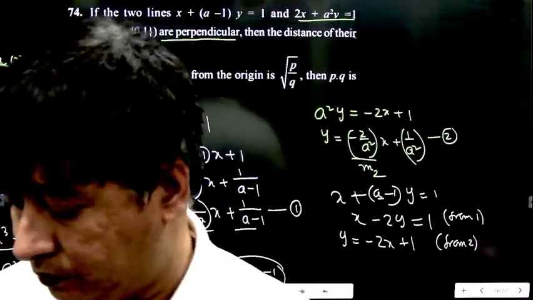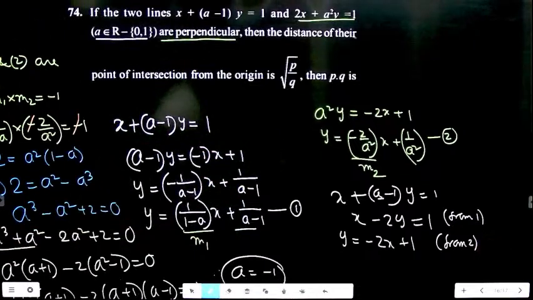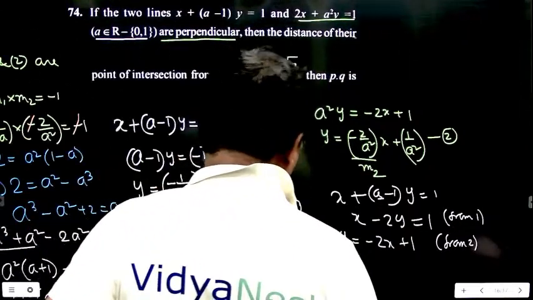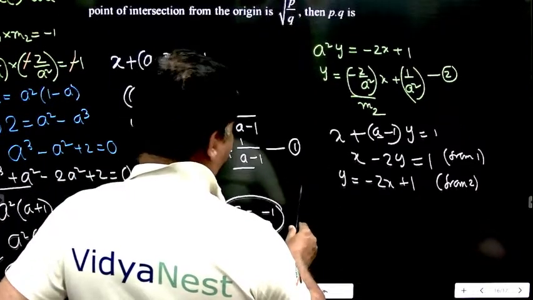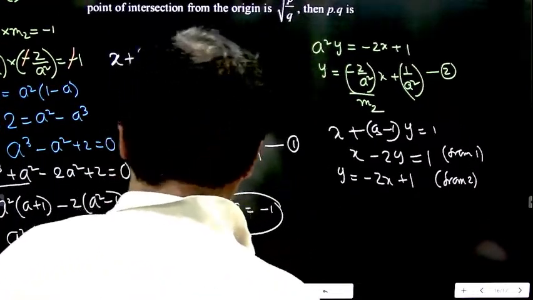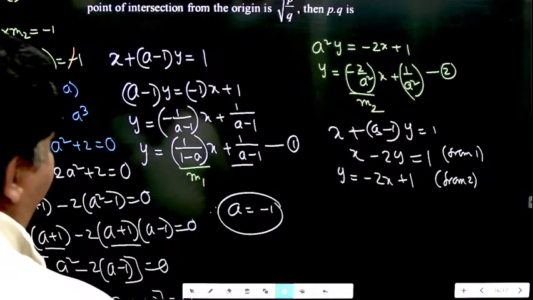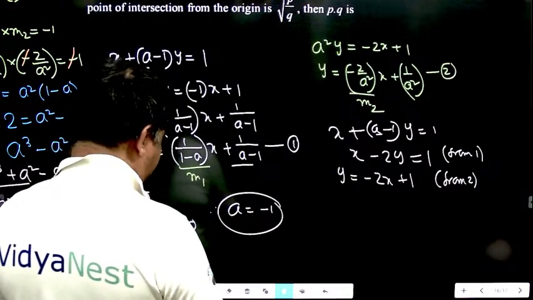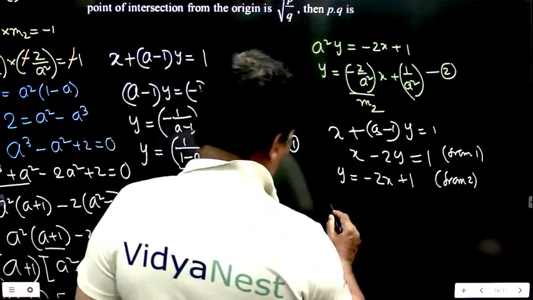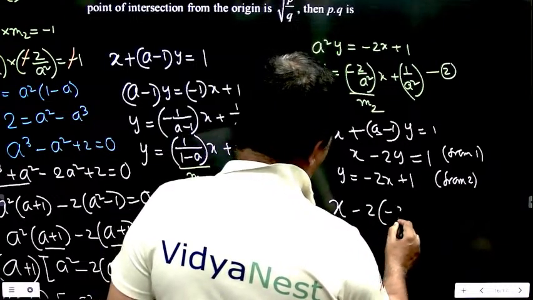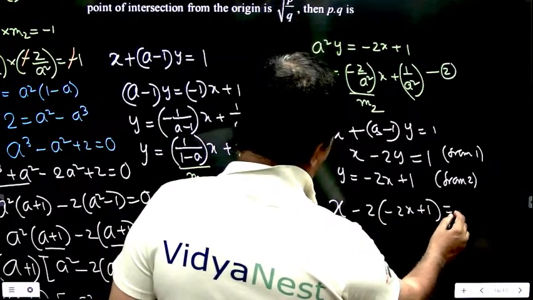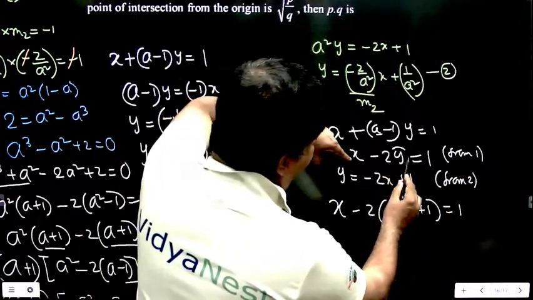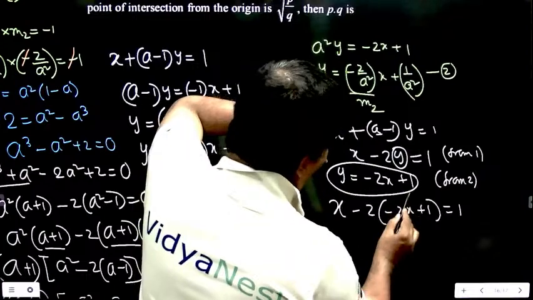That is from 2. Now, solve it. In place of y, the value of this y will be plugged in and put.